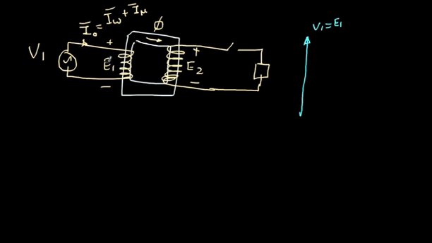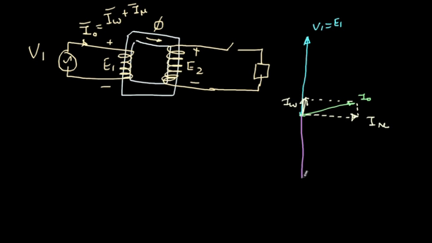As a result of this supply voltage, there will be some current I naught, and the horizontal component of that I naught is I mu, which is the magnetizing current, and then the vertical component of that here is IW.